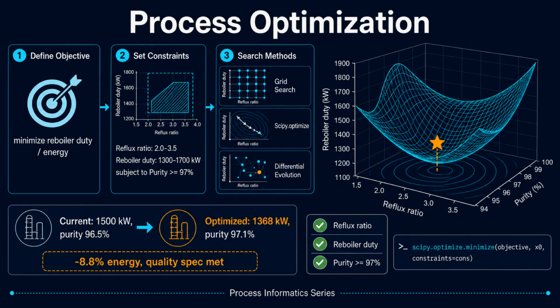Search methods include grid search, SciPy optimization, and differential evolution. The optimization reveals that reboiler duty can drop by nearly 9%, while purity rises from 96.5 to 97.1%, clearing the specification. Visualize the solution on response surfaces to verify feasibility.